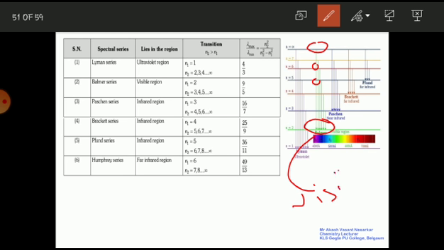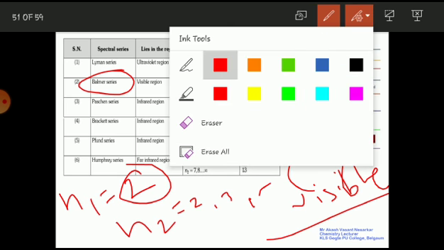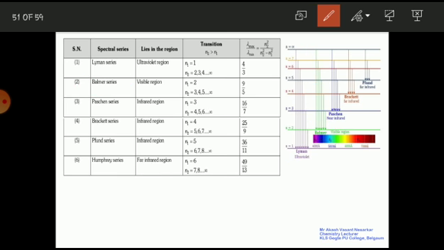It falls in the visible region, and that series is called the Balmer series, where n1 is equal to 2 and n2 is equal to 3, 4, and so on up to infinity. So here n1 is equal to 2, that is the second energy level, not 1. Such a series is called the Balmer series.